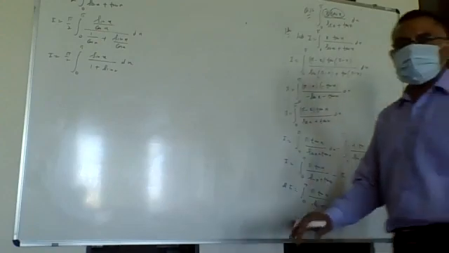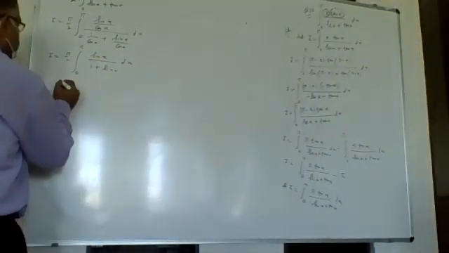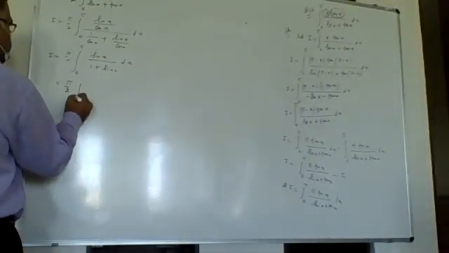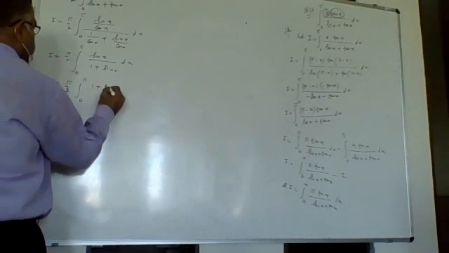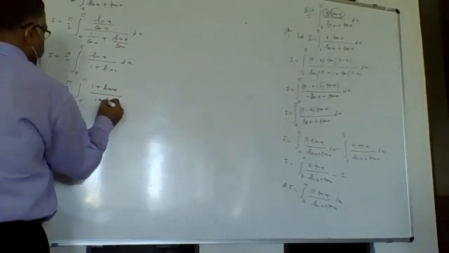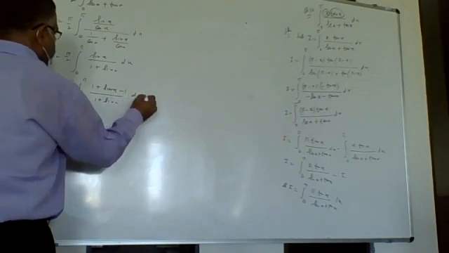So we can make it simpler by adding 1 and subtracting 1, like 0 to π/2, 1 plus sin x minus 1 upon 1 plus sin x.